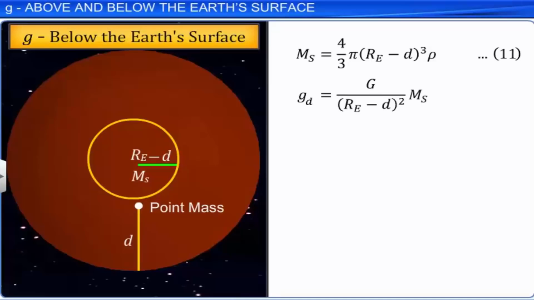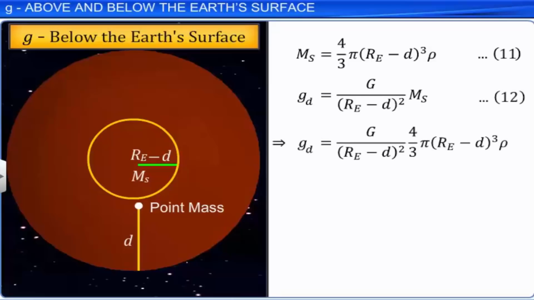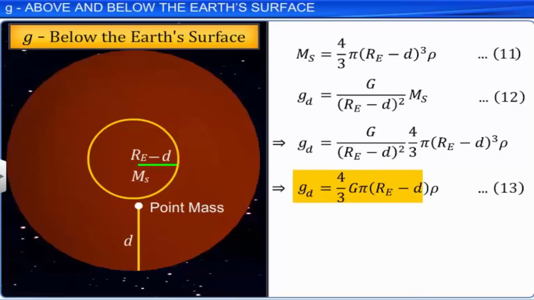Gd is equal to 4 by 3 G pi into Re minus d multiplied with rho. Acceleration due to gravity at depth d inside the Earth can be compared with that on the surface by considering the ratio shown using equations 10 and 13.